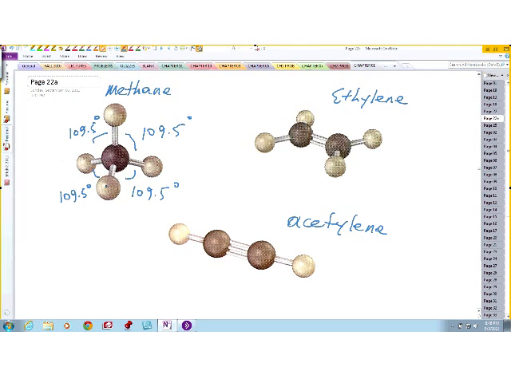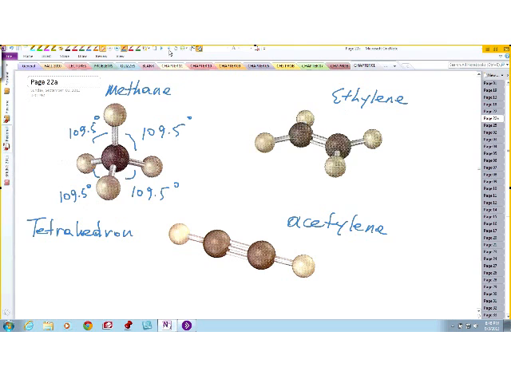In other words, this carbon atom is sitting right in the middle of what we call a tetrahedron, in which each one of the bonds are the same length, and the bond angles for each carbon-hydrogen bond and another carbon-hydrogen bond is 109.5 degrees.